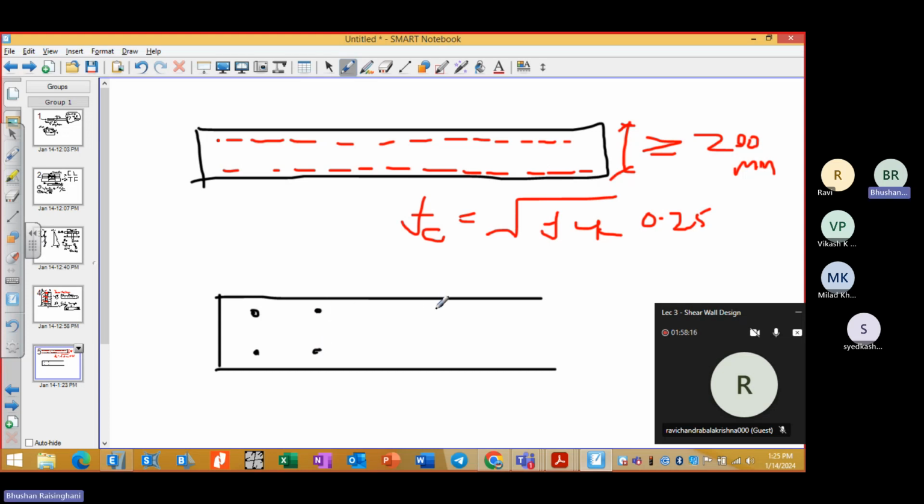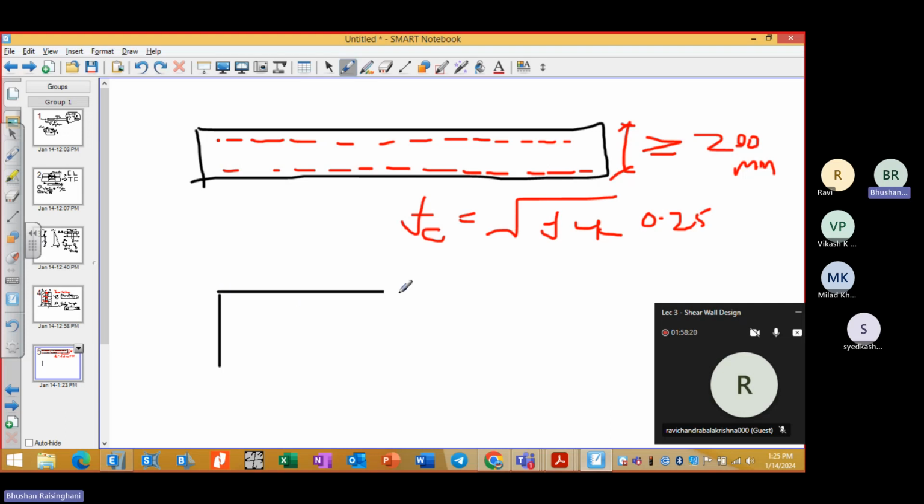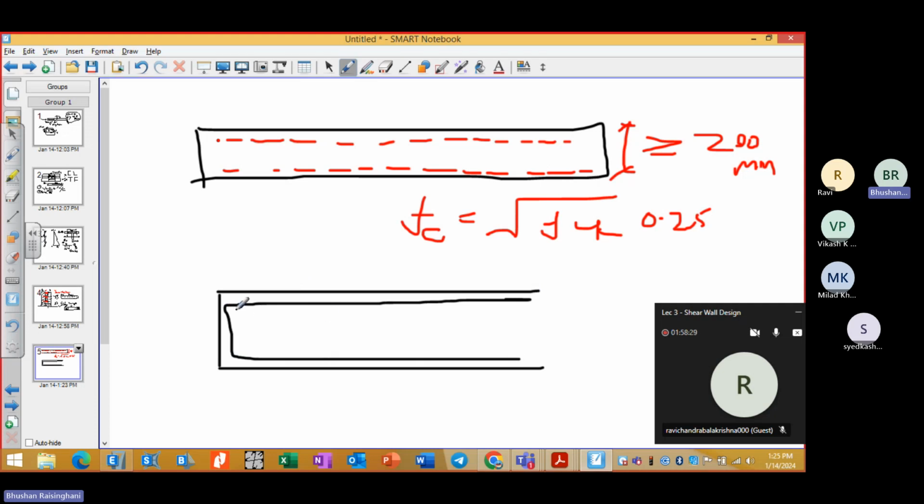It has to be contained within the horizontal bars. Let me draw the horizontal bars first. So all vertical bars have to be contained within the horizontal bars. So confinement of vertical reinforcement has to be there.